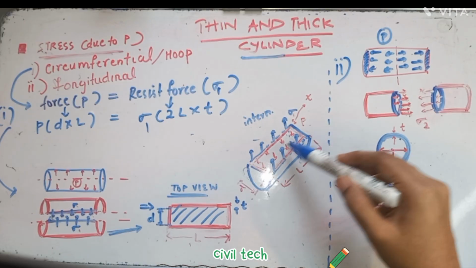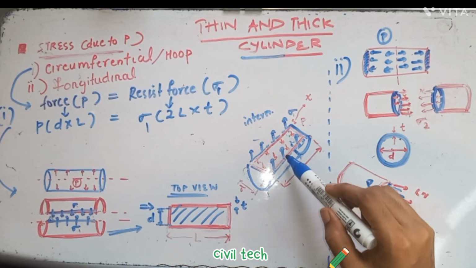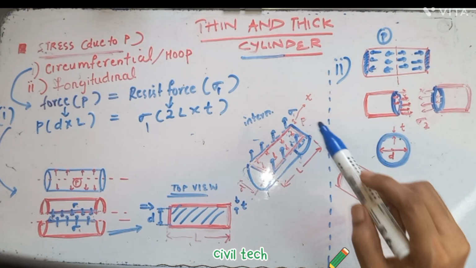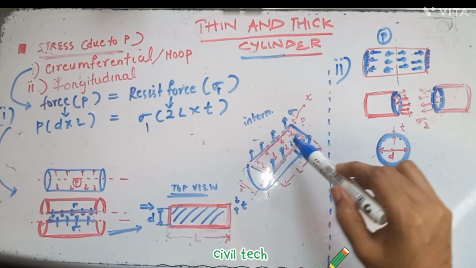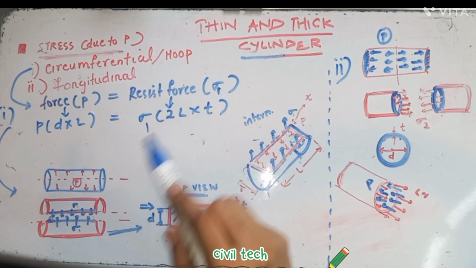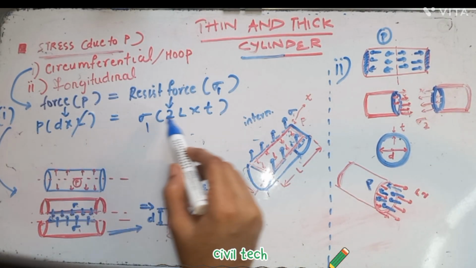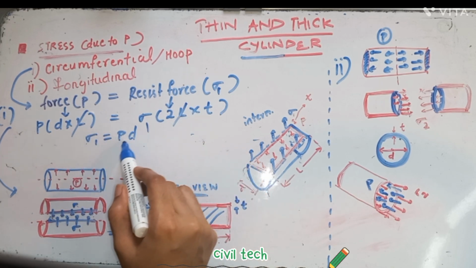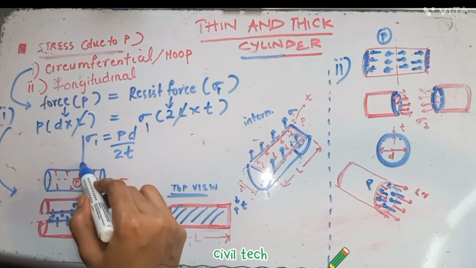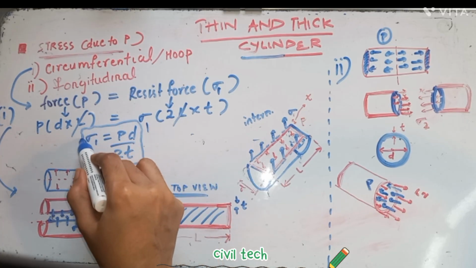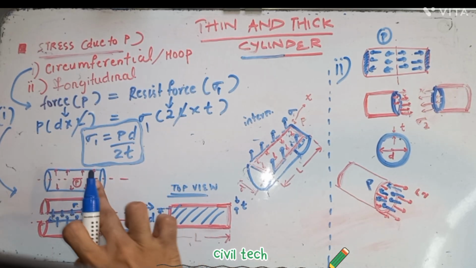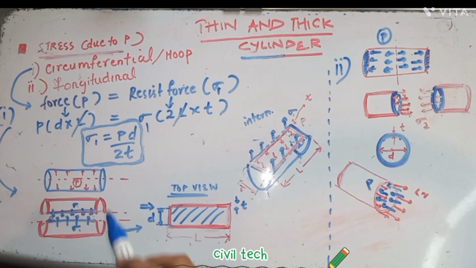So along this length sigma is acting upward, so sigma into L into T. The two portions are there, so sigma 1 into 2 into L into thickness. Then L cancels, so sigma 1 becomes equal to PD by 2T. Sigma 1 equal to PD by 2T is the expression for circumferential stress or hoop stress.